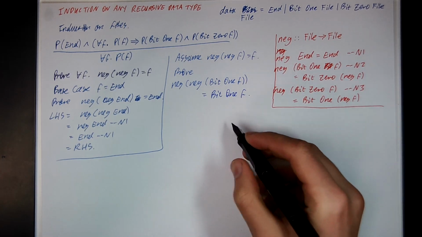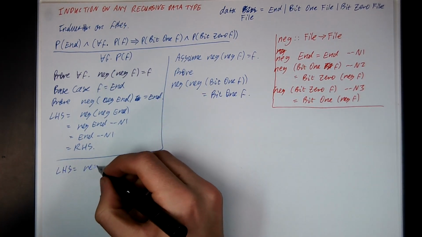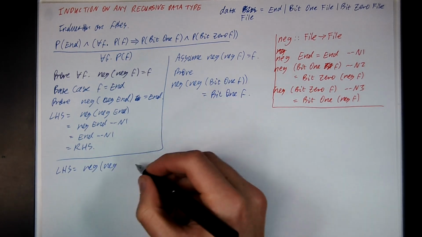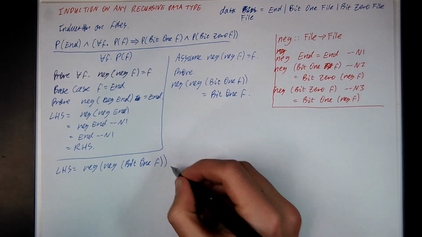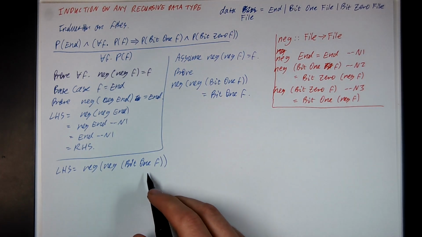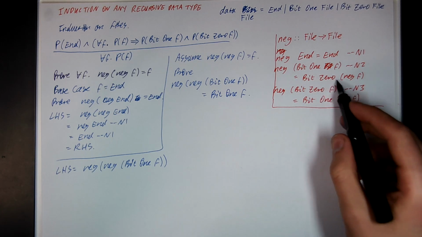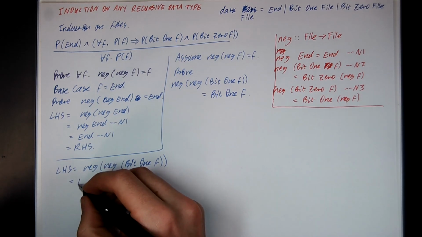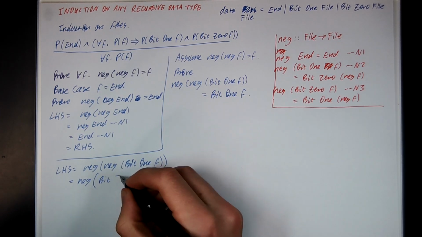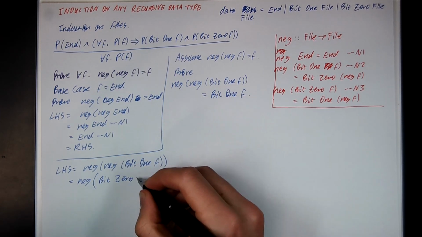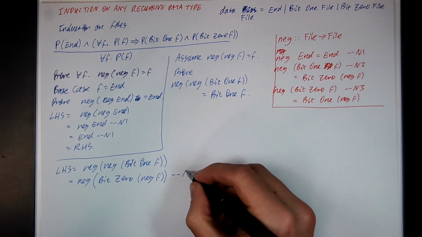Okay, so let's prove it. We'll start with the left-hand side, which is the negation twice of bit 1 f. Okay, what's that going to equal? Well, by the definition of negation, I take the 1 out, I flip it to a 0, and then I negate what's left over. So it's going to be neg of bit 0 followed by neg of f, by n2.